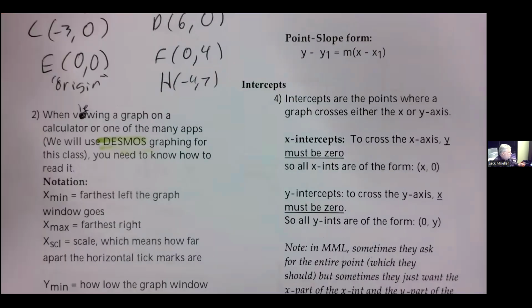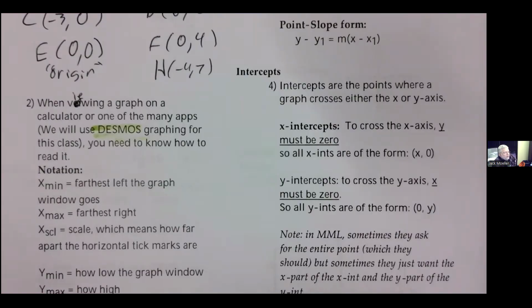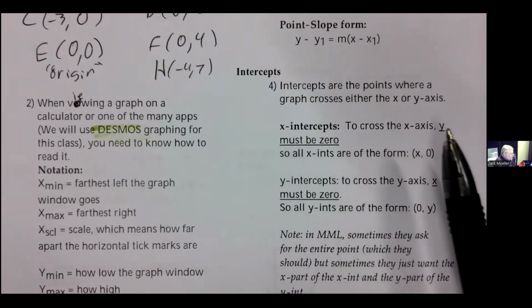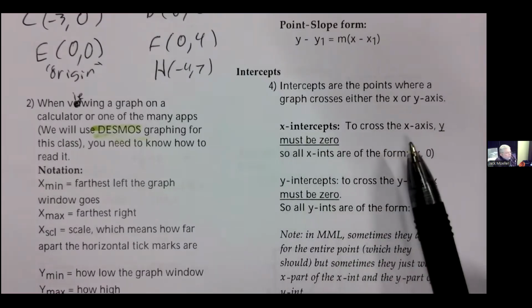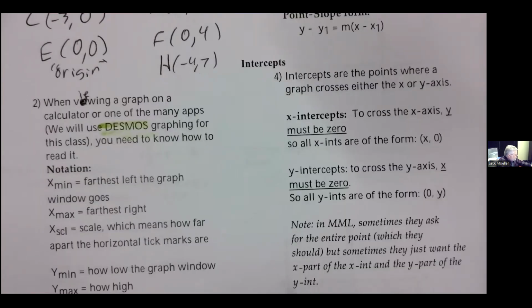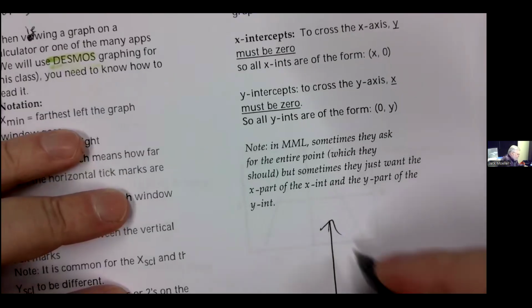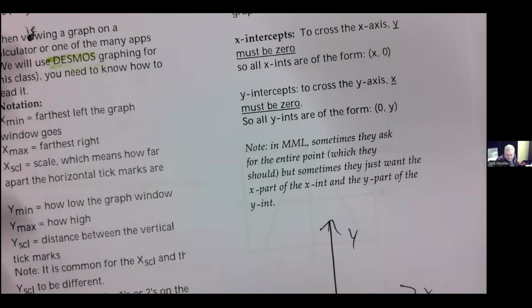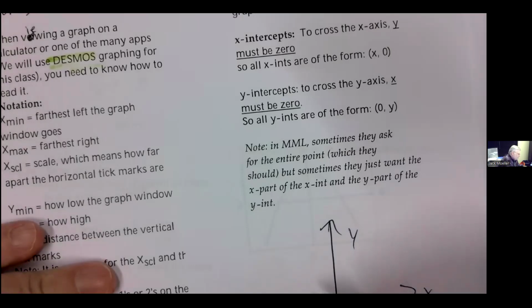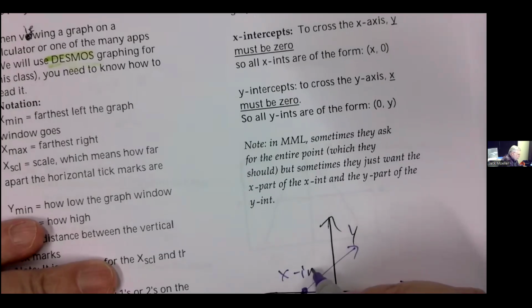All right, so we're talking general graphing stuff today. So let's talk about the intercepts. Intercepts are the points where it crosses. The x-intercept is where it crosses the x-axis. That is our x-intercept.